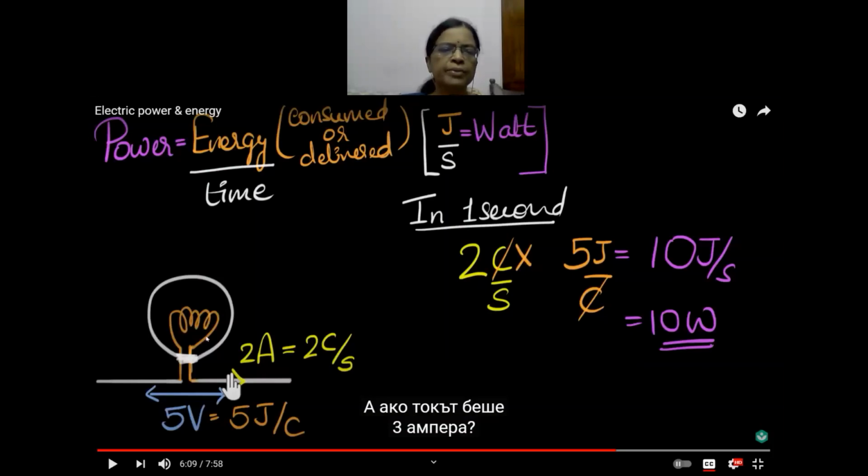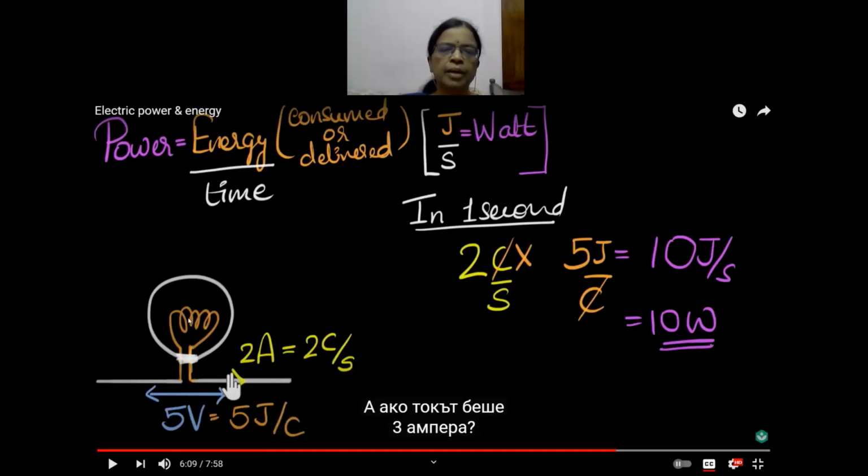So for 2 coulomb, how many joules of energy is consumed per second? 10. Correct. 10 joules per second. Joules per second is what? So here, 2 coulomb of charge is flowing per second, and for 1 coulomb 5 joules of energy is consumed.